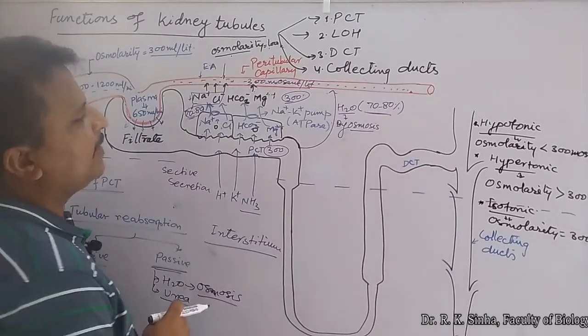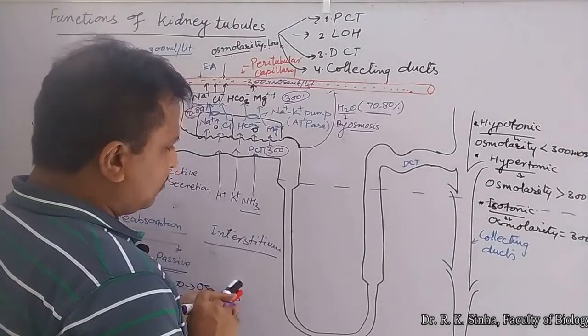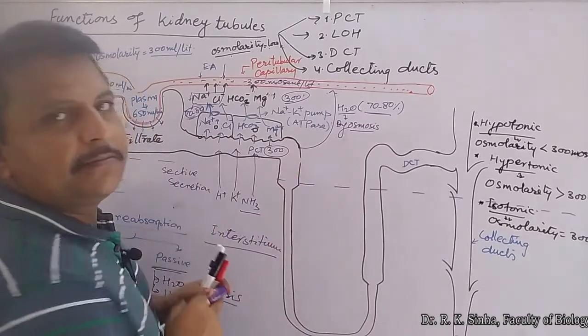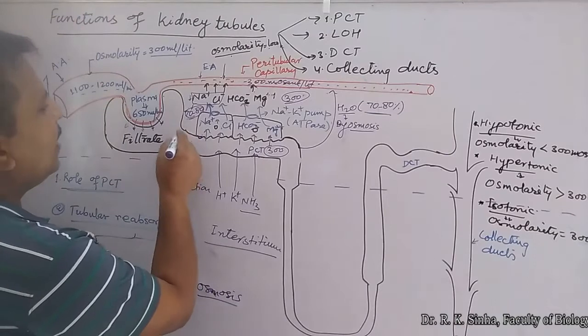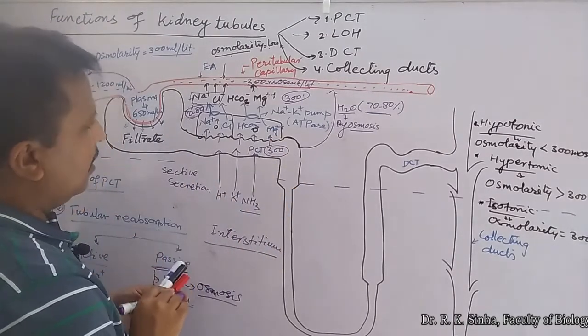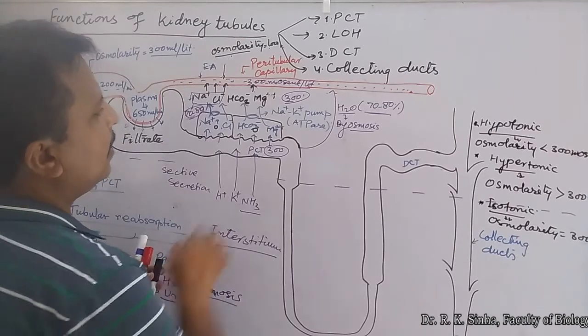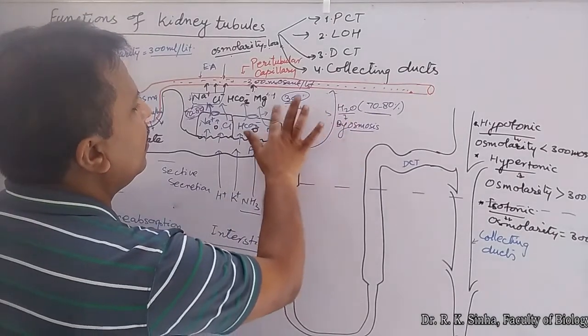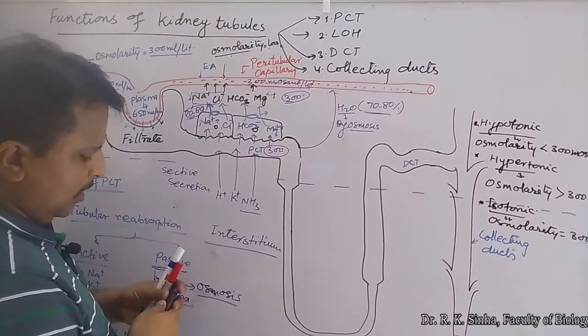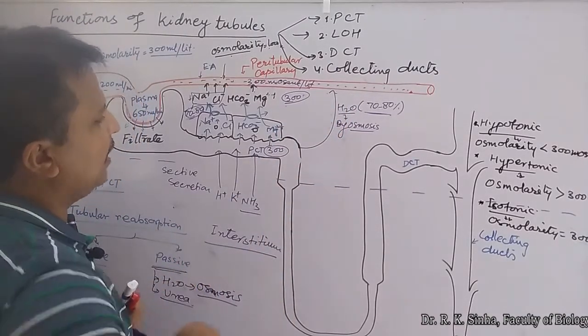Facilitated diffusion means there is a co-transporter protein in this brush border cuboidal epithelium.